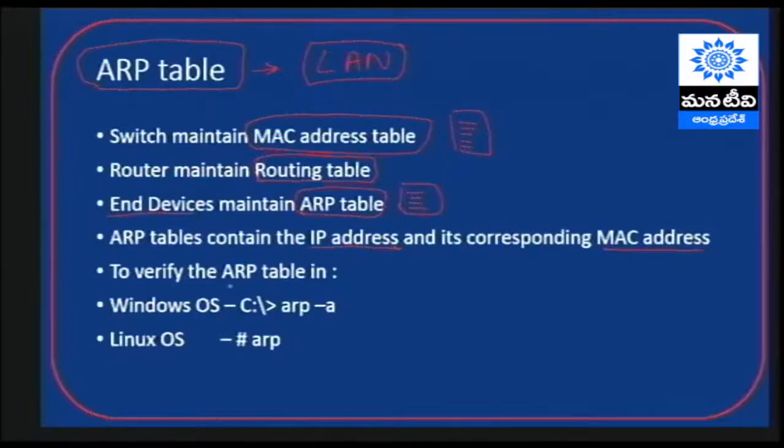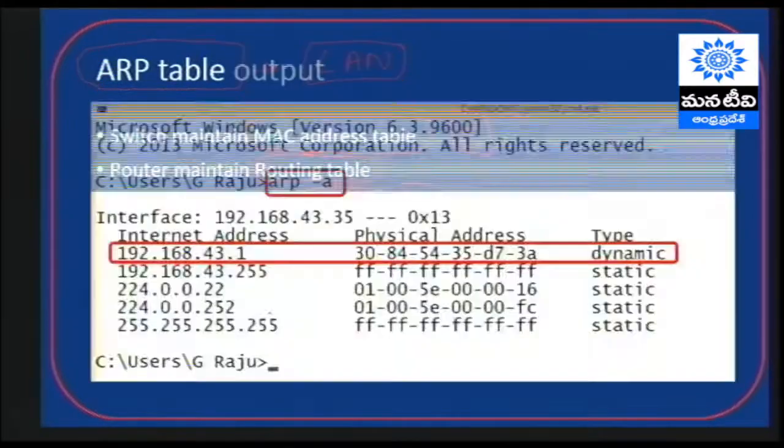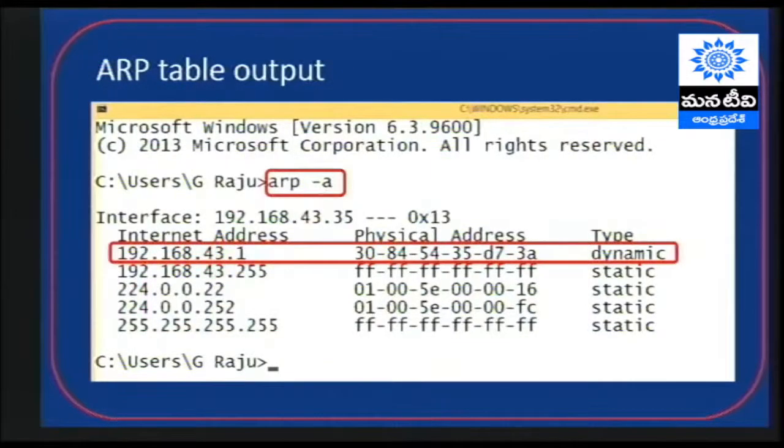So, let us get back to find out the ARP table. You can have the ARP table on the Windows operating system. We just have used this command arp space -a, a command to verify the ARP table, and in Linux just the arp command would do. So, we have an example of the ARP entries. You can see here, this is the command we have executed and these are the entries that we have at this point of time.